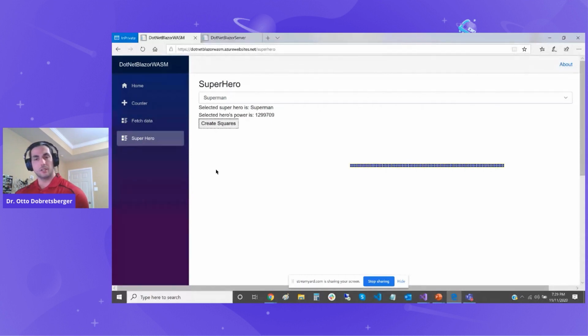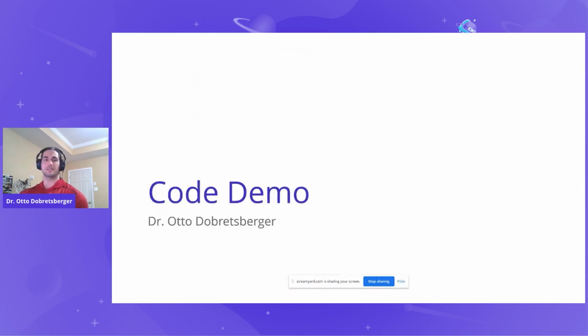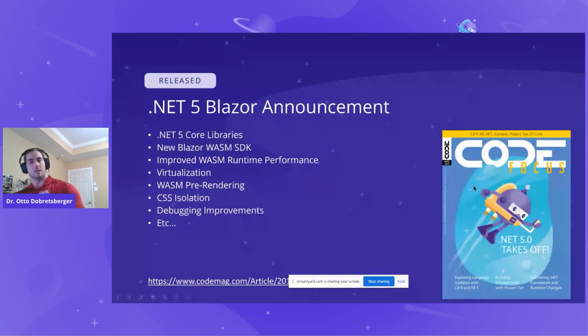All right, looks like we're nearing the end of my time slot here. If you go and take a look at the article that we published in Code Magazine, there is an overview of everything that's new in .NET 5 and has to do with Blazor.